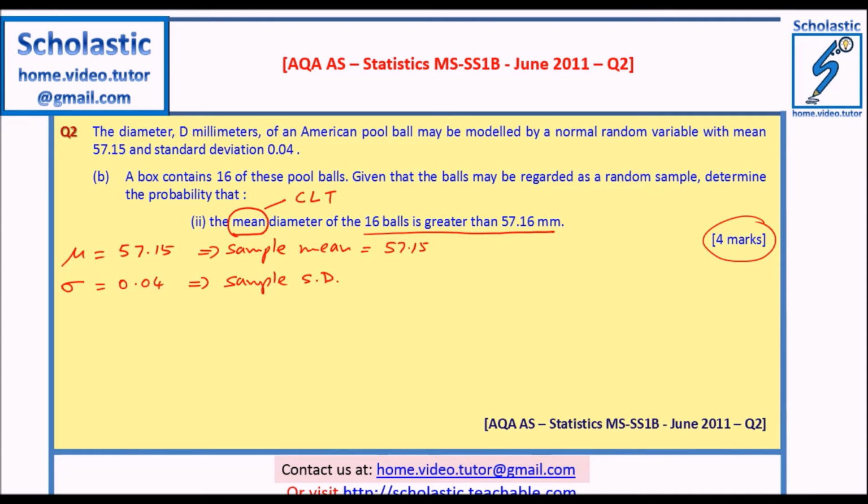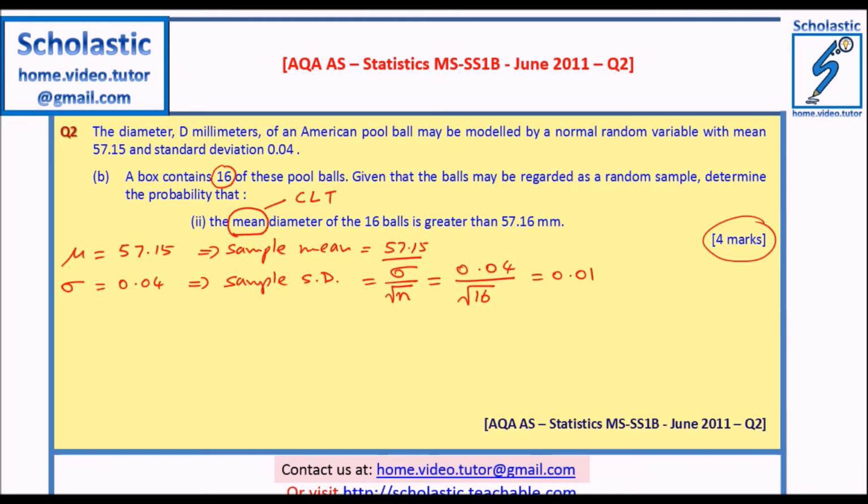When you take a random sample of some size, in this case 16 is the size of the sample, then the sample standard deviation is given by sigma over root n. This is the definition you can use as it is. So the value of the new sigma is equal to 0.01. So that is the standard deviation.